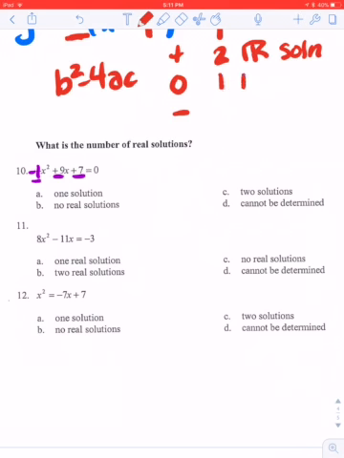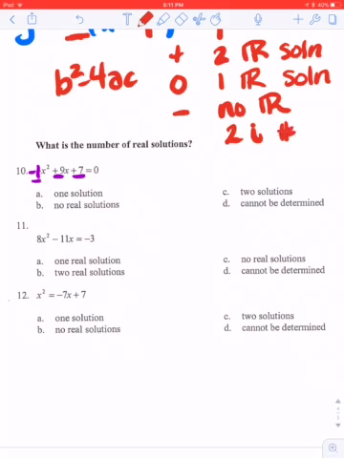If it's 0, it's 1 real solution. And if it's negative, it's going to be no real solutions. And depending on what I have, it might be 2 imaginary numbers. But for us, since we're just looking for real solutions, you won't even have to worry about that part.